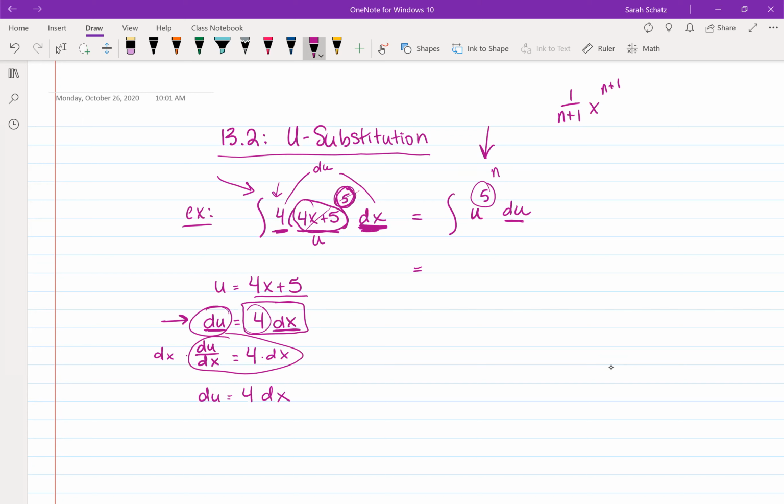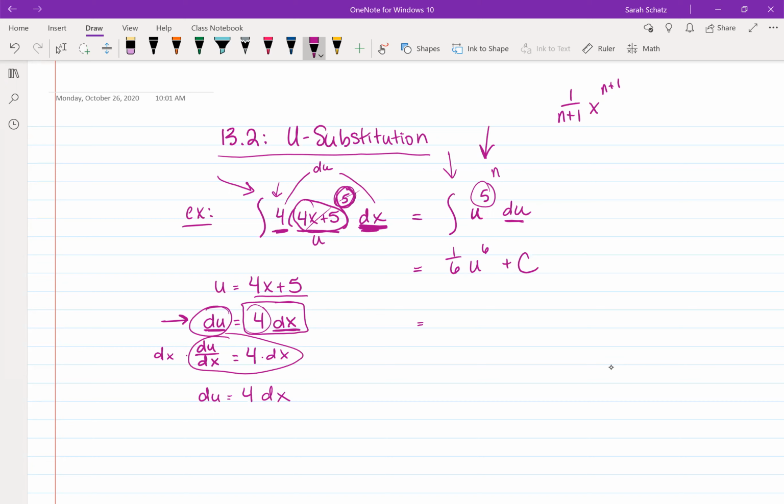And when we take the antiderivative, we're going to get 1 over 6, u to the 6th, and, of course, plus c. So what I did was I turned it into a simple power rule problem so I could actually take the antiderivative, and I have 1 over 6 u to the 6 plus c.